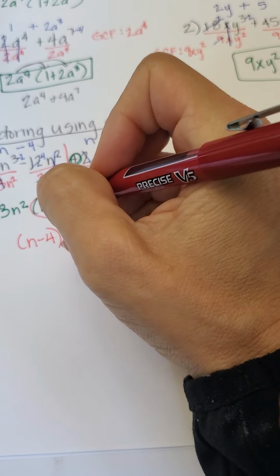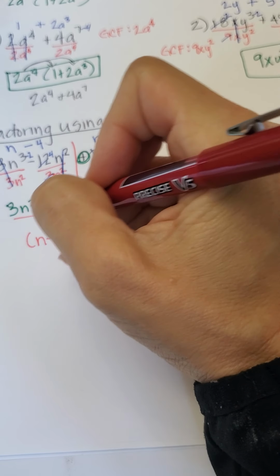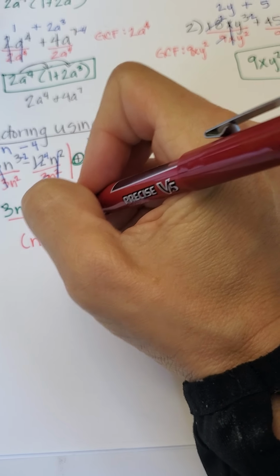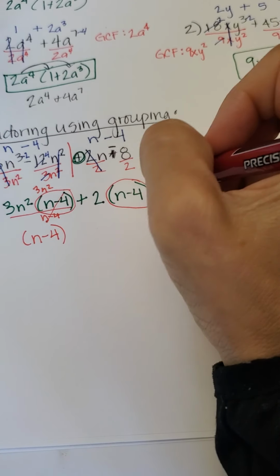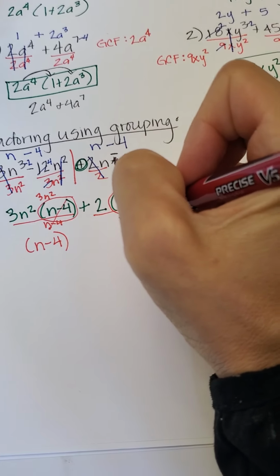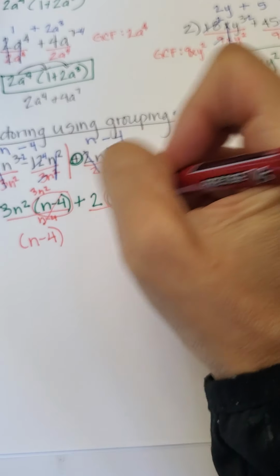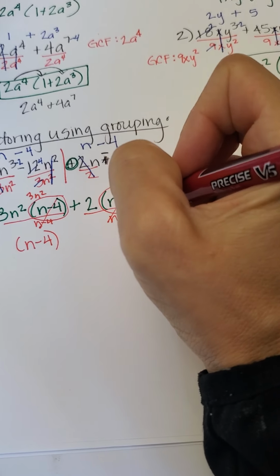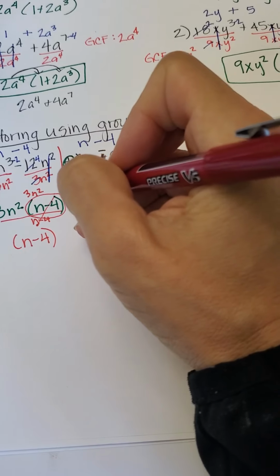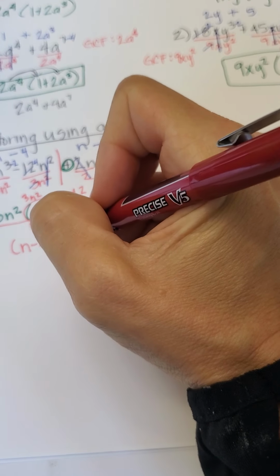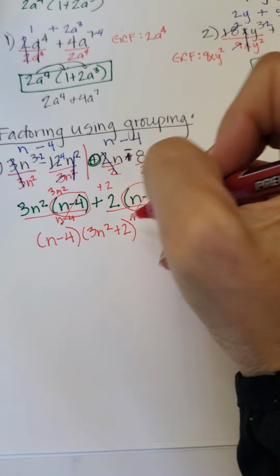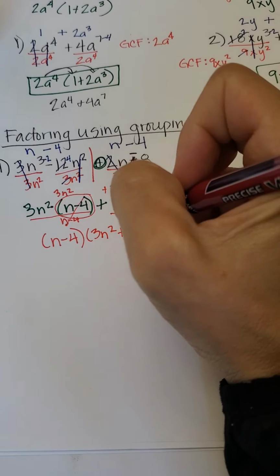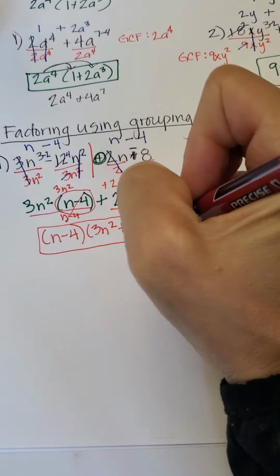When I divide out that n minus 4, those would cancel and I would have 3n squared left here. When I divide out my n minus 4, because I've pulled it out here in front, n minus 4 divided by n minus 4 is 1, so I have 2 left here. So 3n squared plus 2 would be left, and this is my answer.